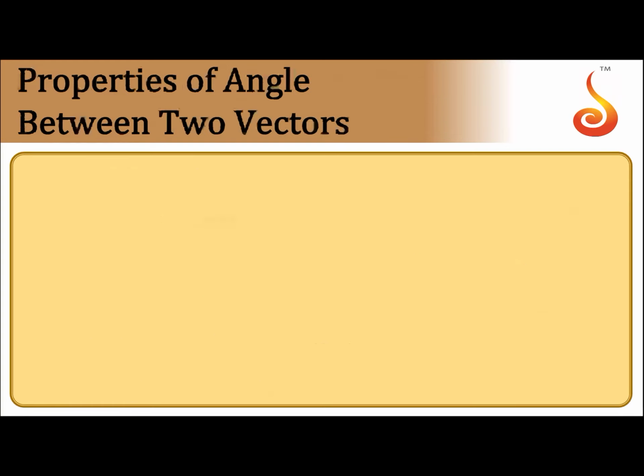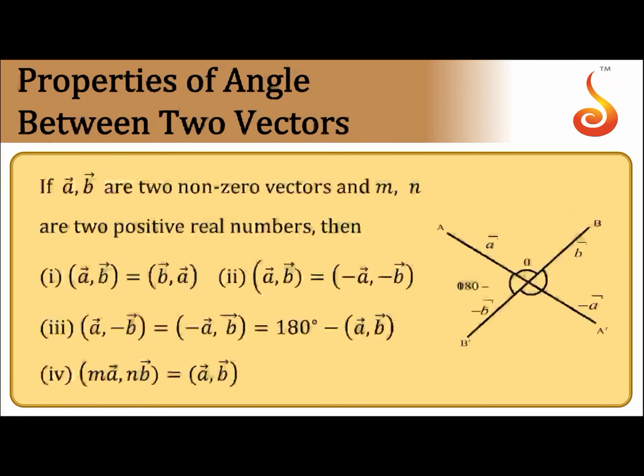So let us see the properties of the angle. What is the angle between A comma B? Let me assume that the angle between A comma B is equal to theta. Let us say this is theta, the angle between A bar and B bar.